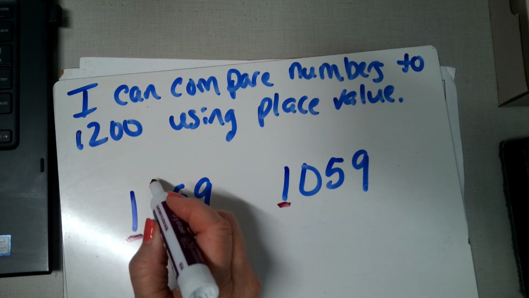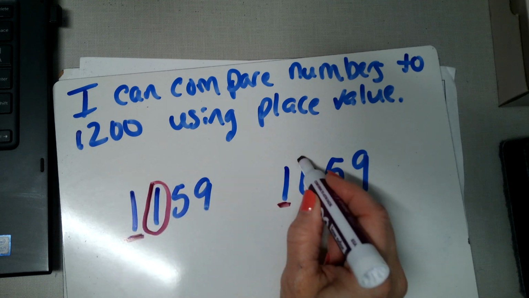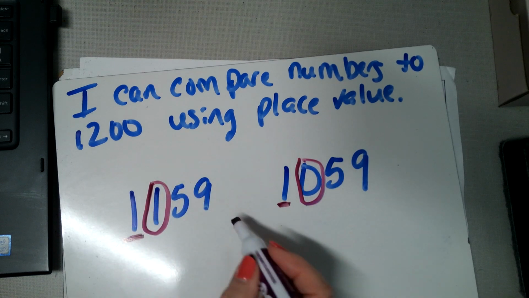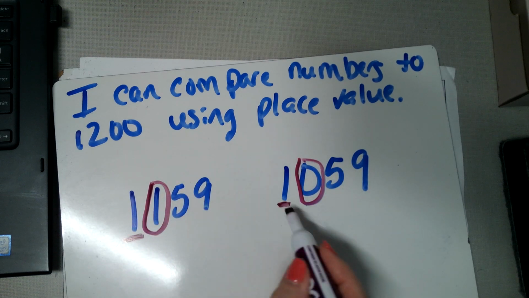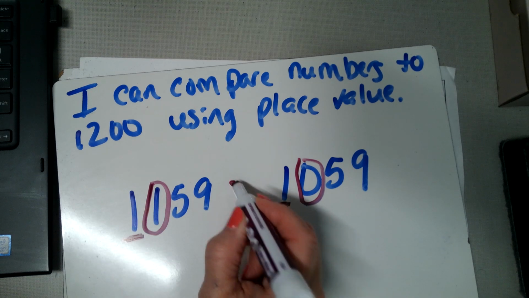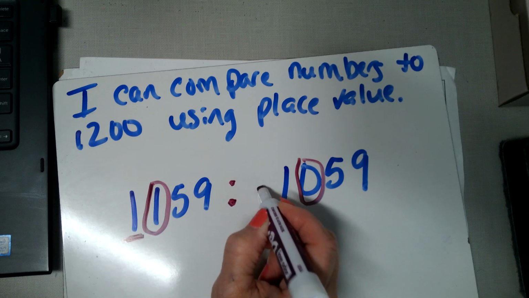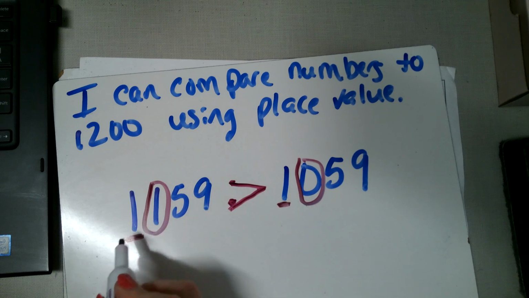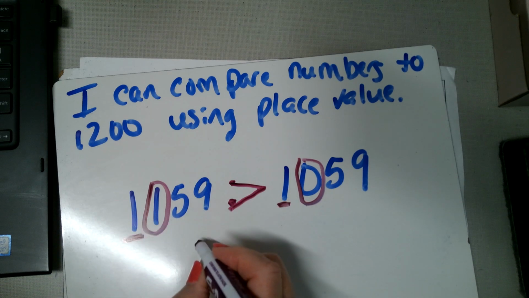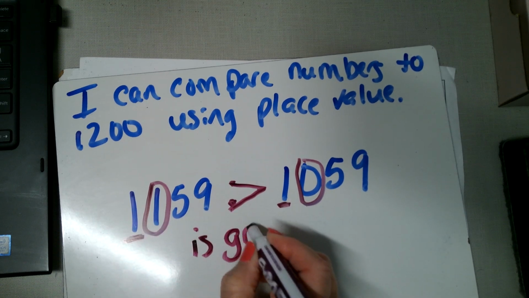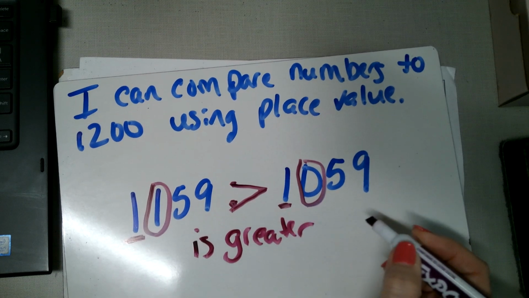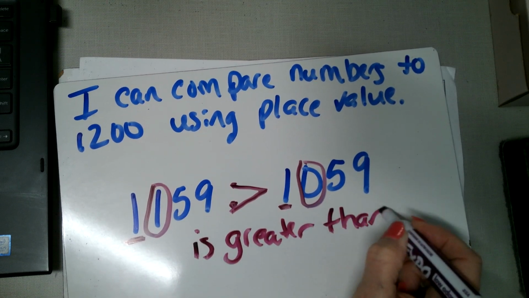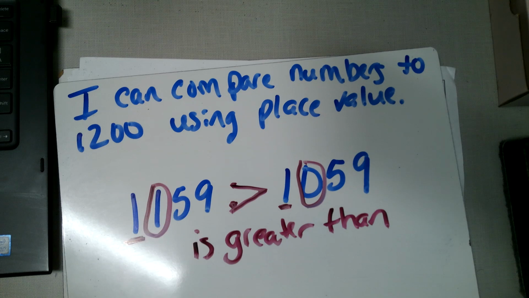That's the same. This one has 100 and this one has 0 hundreds. So I know 100 is greater than 0 hundred. So I'm going to put my lines here. And I'm going to read this. 1,159 is greater than 1,059.